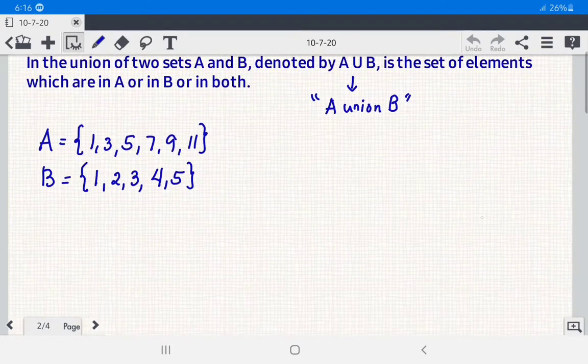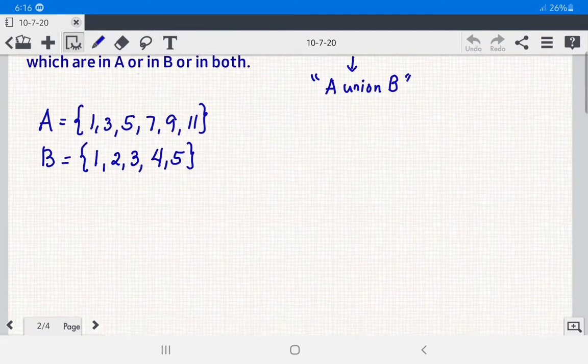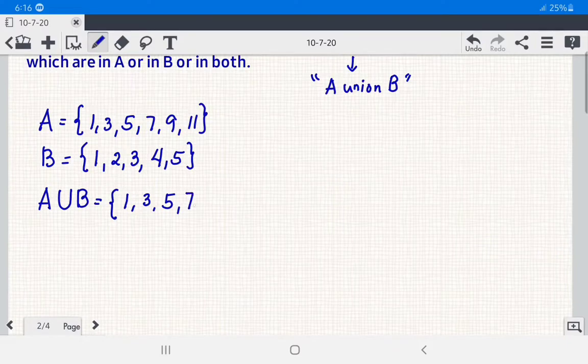Let us get the union of this. A union B is equal to, what you're going to do is just copy all the elements from the first set: 1, 3, 5, 7, 9, 11.